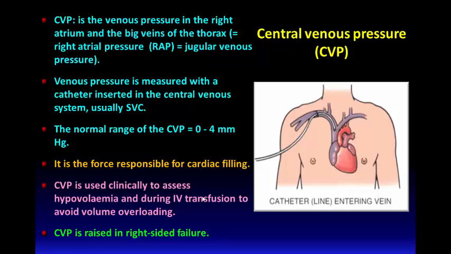CVP is raised in right-sided failure because in right-sided failure the right ventricle ejects a smaller stroke volume during systole, hence blood accumulates in the right ventricle, raising right ventricular pressure, and the raised right ventricular pressure is transmitted to the right atrium because blood would also accumulate in the right atrium, and this raises the right atrial pressure, which is the central venous pressure.